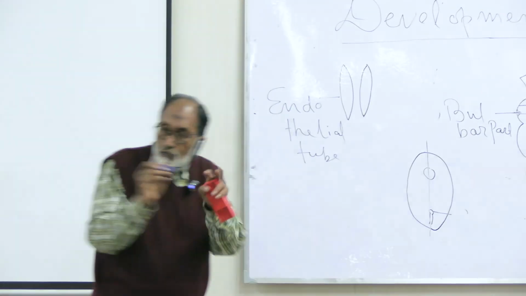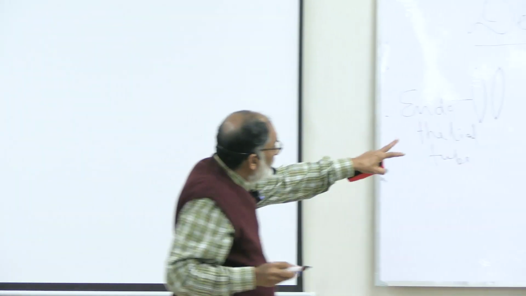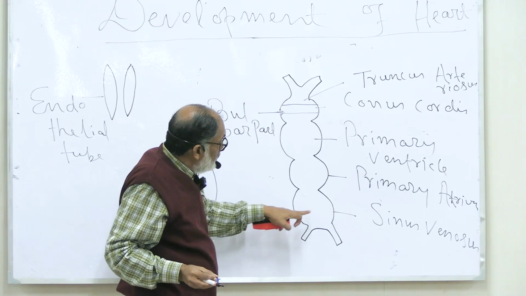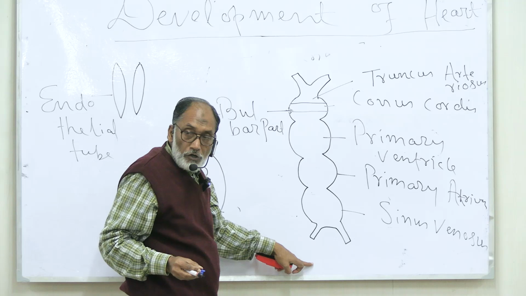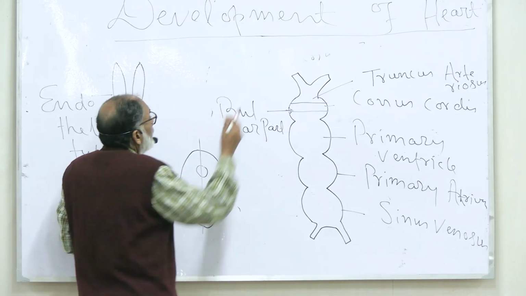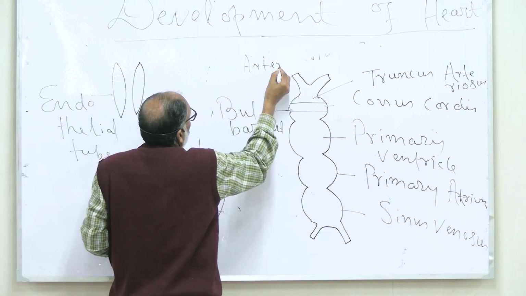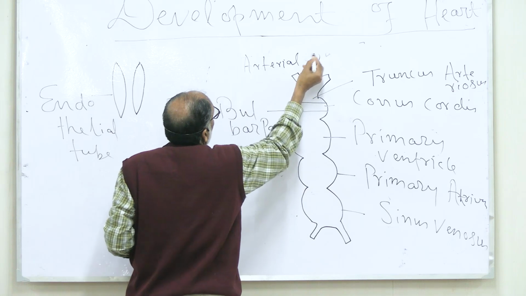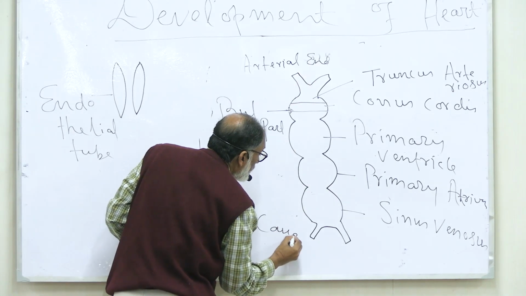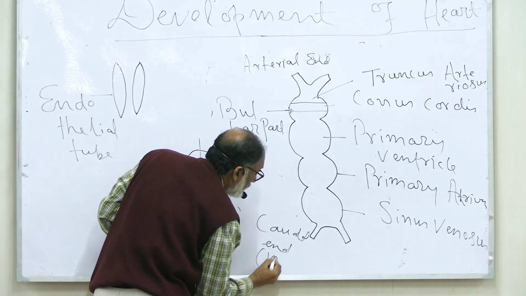The heart tube will show a series of dilatations. Now it is known as: this is the primary ventricle, the primary atrium, and the sinus venosus. This is the caudal end or venous end, and this is the arterial end or cephalic end.